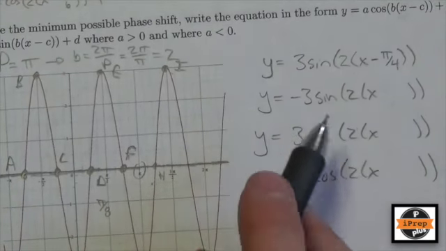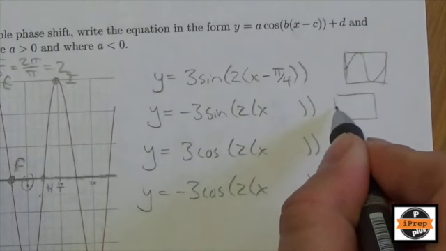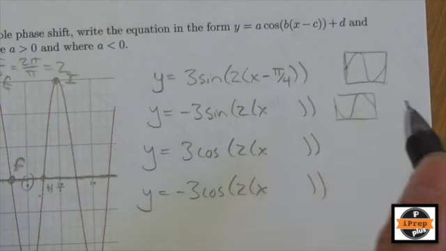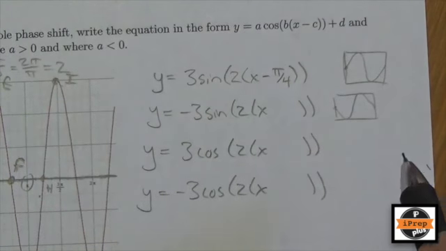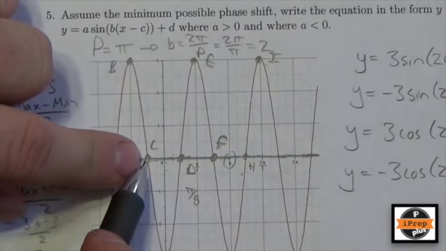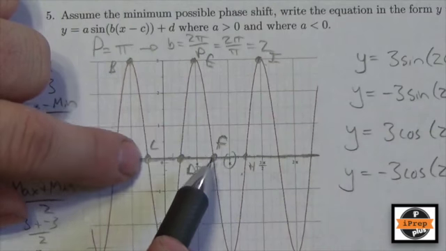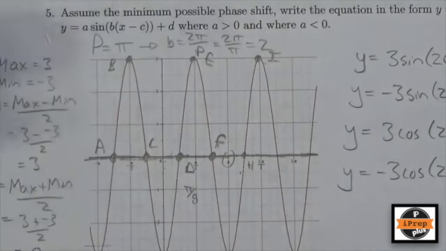Now I take a look at negative sine. Negative sine, if you were to draw that little box around it, would start at the center and drop down. That would be a great starting point for sine, and we've already mentioned this. C would be an excellent one. Another good one here would be F. But which of these is going to be closer to the y-axis? Because I want the minimum value.